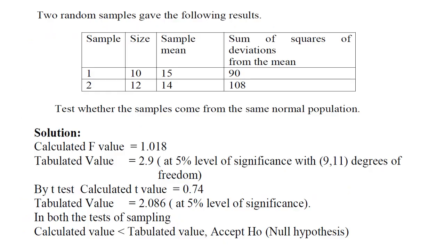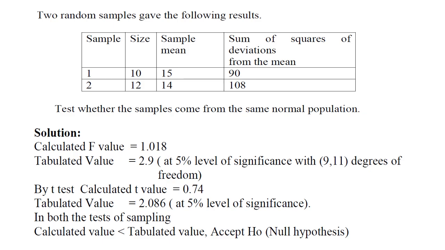Now let us see a problem in F-test. Two random samples gave the following results. So they have mentioned the sample size, sample mean, and sum of squares of deviation from the mean. They have asked us to test whether the samples come from the same normal population. So the calculated F value is going to be 1.018, and the tabulated F value is going to be 2.9 from the table at 5% level of significance with 9, 11 degrees of freedom.